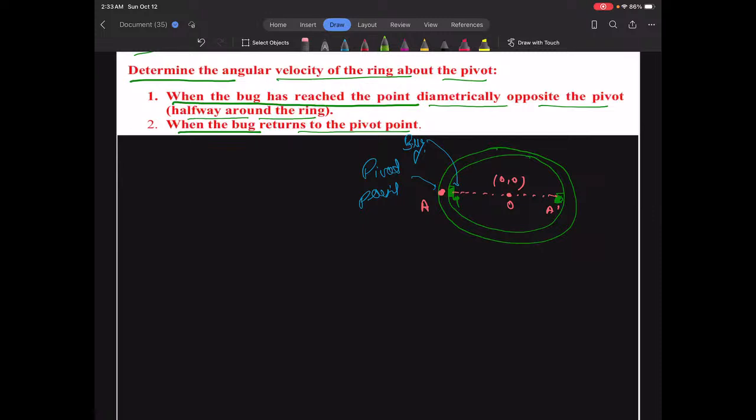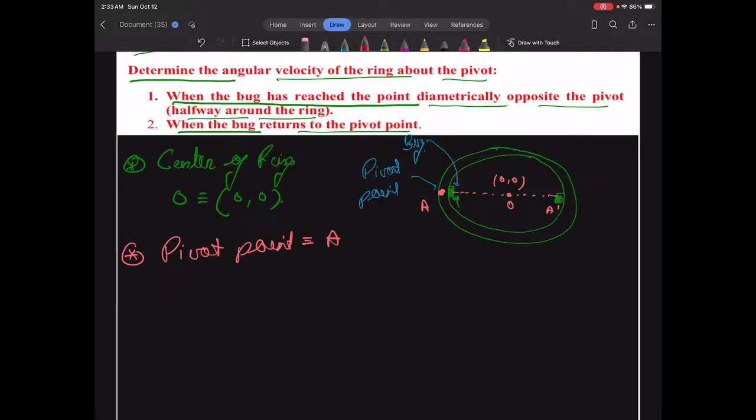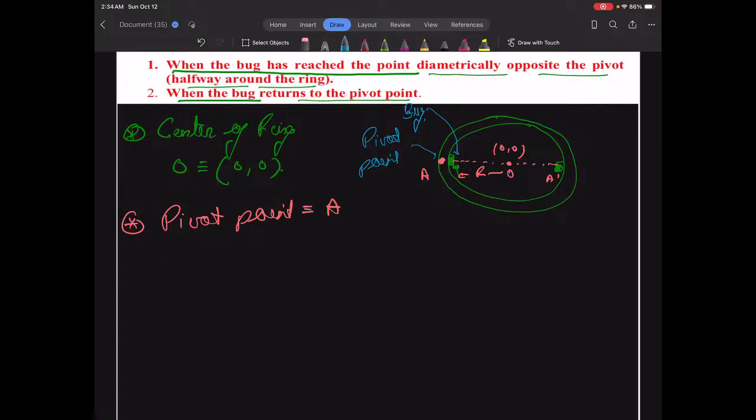Here we have the center of the ring, O, with coordinate 0, 0, and we considered a pivot point A, and if R is the radius, then the coordinate of A will be R, 0.